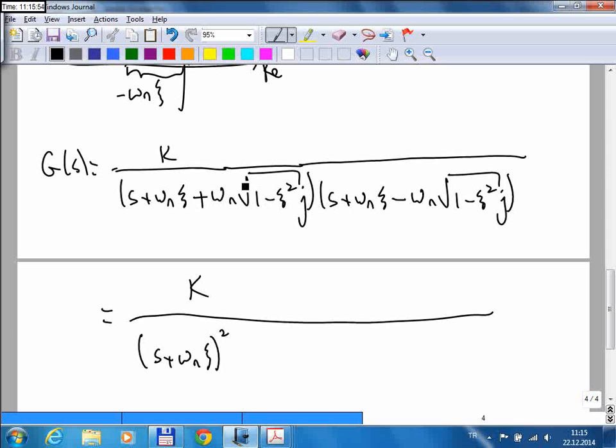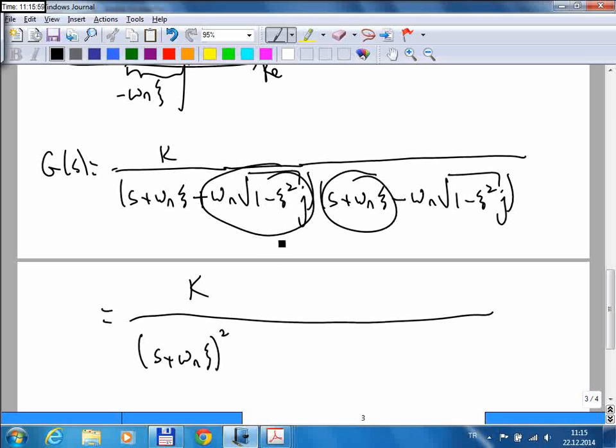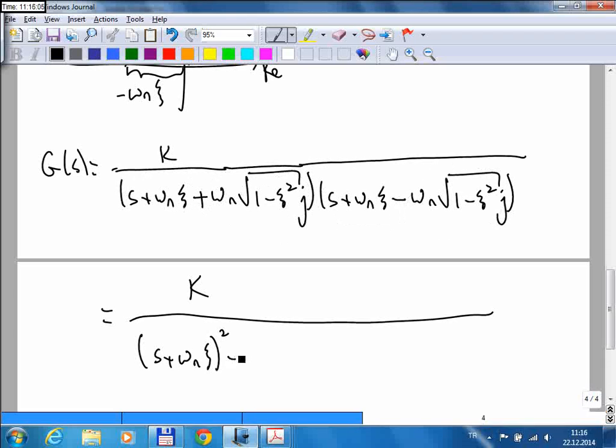Plus again, this multiplies with the complex, the imaginary part here cancels, that multiplies with the other imaginary part, so I'm not writing that. I will have plus this multiplies with negative that, and that gives us omega n squared times 1 minus zeta squared.